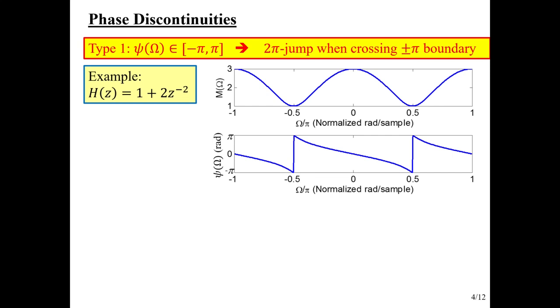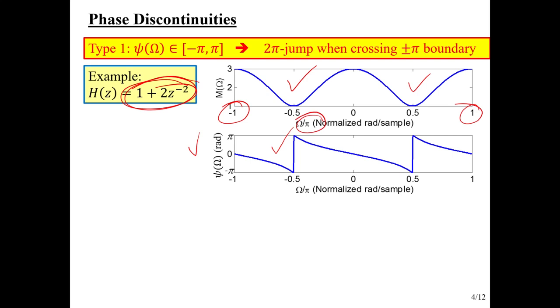So let's look at an example. Here's a transfer function. This is a simple form, 1 plus 2 z to the minus 2. I'm showing plots of what MATLAB would give you for the magnitude and for the phase. The magnitude would be computed using the abs form, and the phase using the angle form, after you put this into freqz over the range from minus pi to pi.